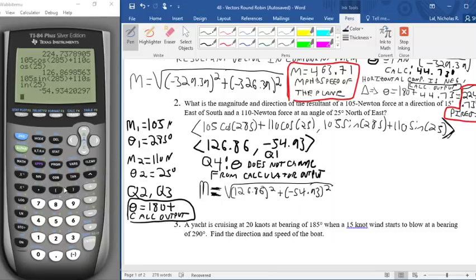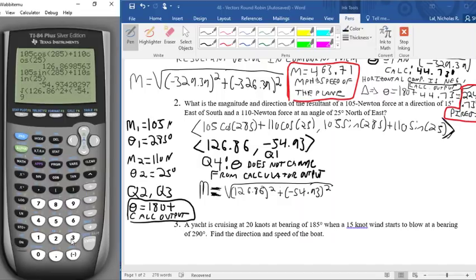So we take the square root of 126.86 squared plus negative 54.93 squared.